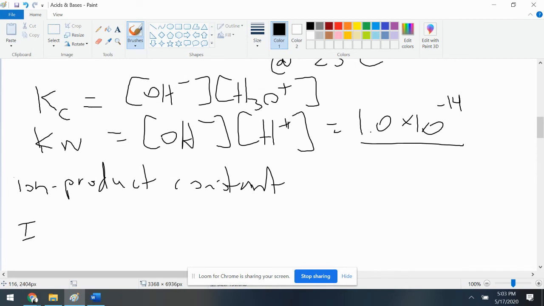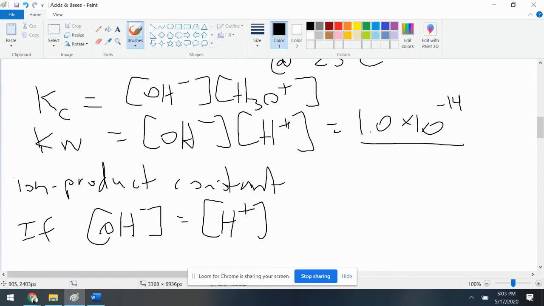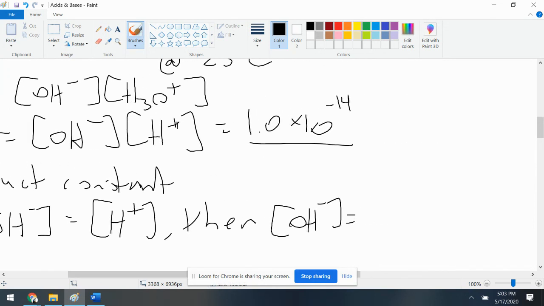So if the concentration of OH minus is equal to the concentration of your H plus, and we know that the ion product constant is 1.0 times 10 to the negative 14, then the concentration of OH minus is equal to what?